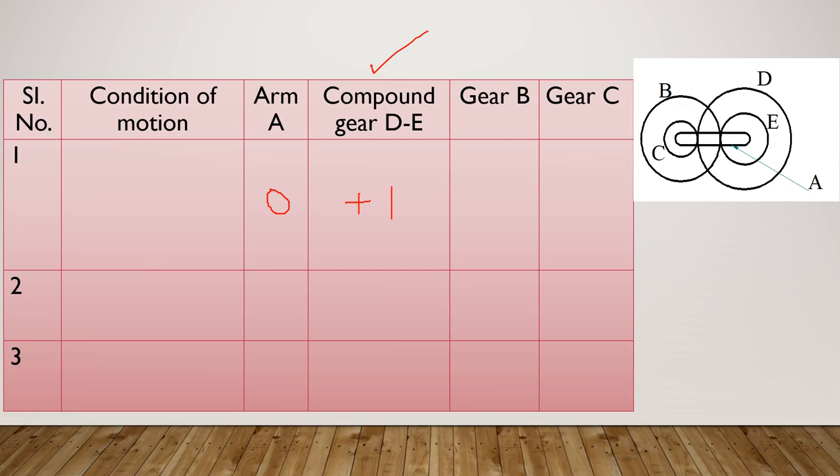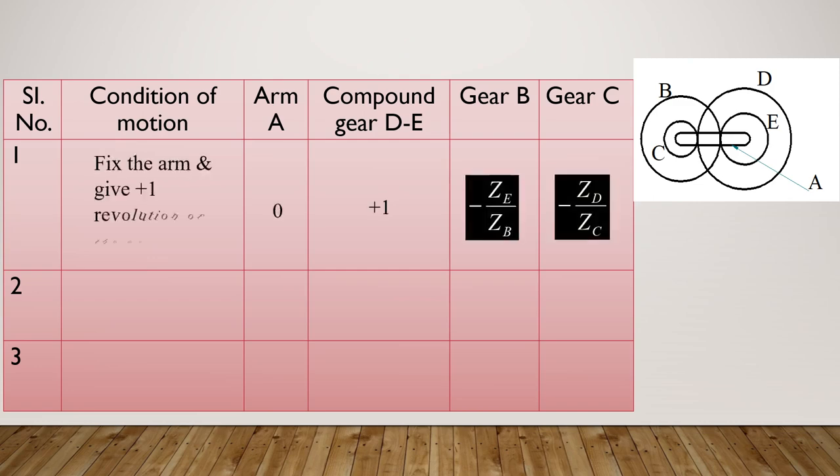When you give that rotation to the compound gear, this will act as a driver. So the subsequent gears will follow from it. You can make a note: whenever you have a compound gear, give the one rotation to that compound gear, which will simplify your equations. So first step, fix the arm and give +1 rotation to gear DE.